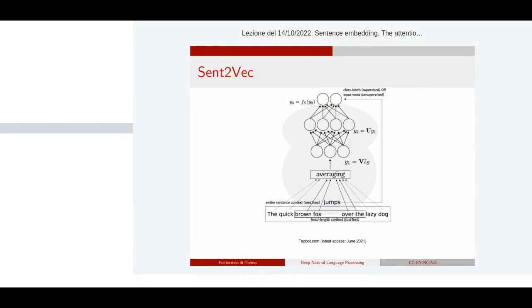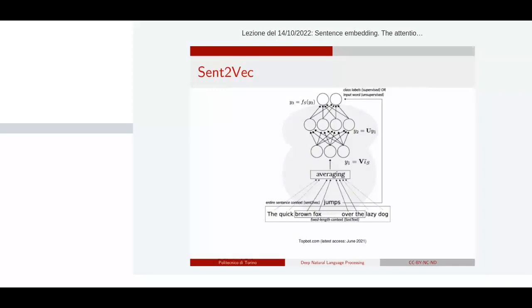So here is an example. The CBOW architecture has the goal to predict the center word of a context window given the context words. So given the preceding and the subsequent ones. So for example, if I have this sentence, the quick brown fox jumps over the lazy dog.